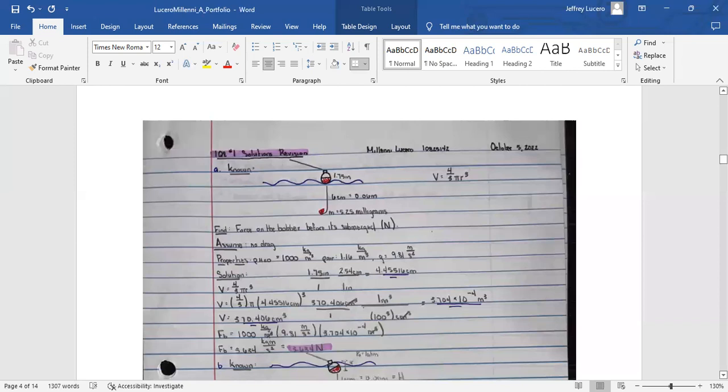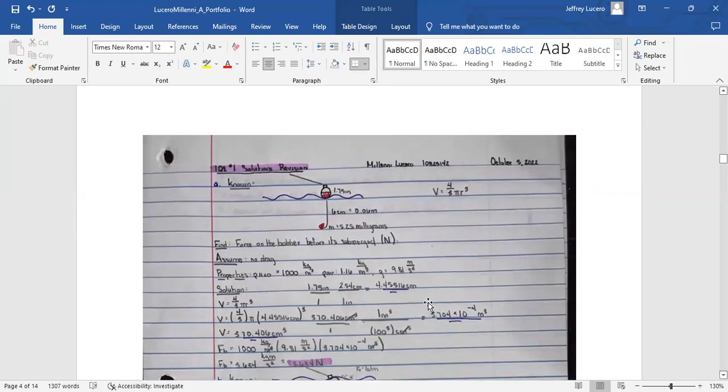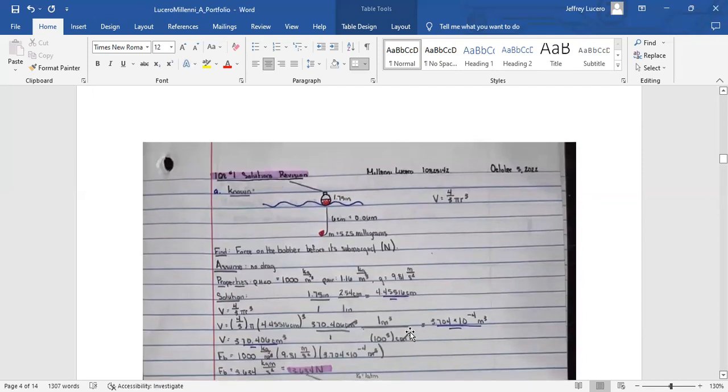The gravity is 9.81 meters per second squared, and so for my solution, I ended up doing volume equals 4/3 pi r cubed to get 370.406 centimeters cubed, which we then have to convert to meters cubed, which is 3.704 times 10 to the -4 meters cubed, making sure that we have enough significant figures before getting the final solution.